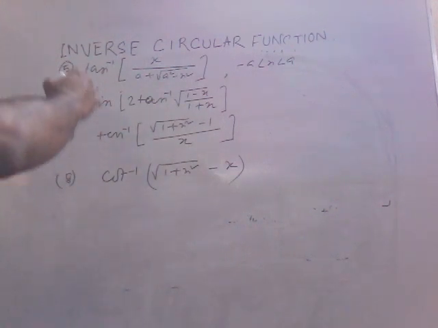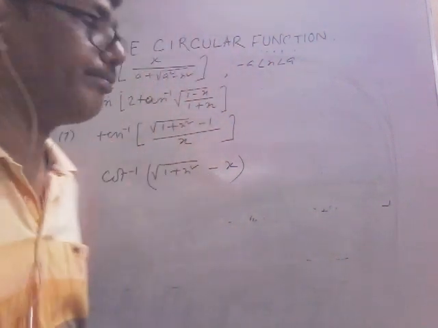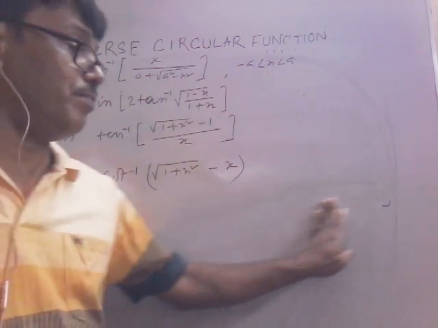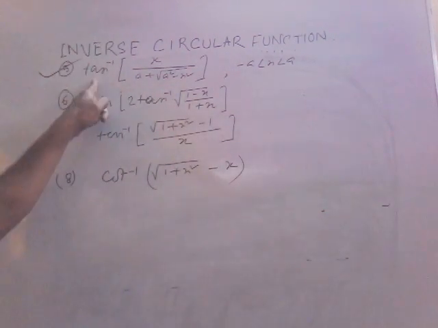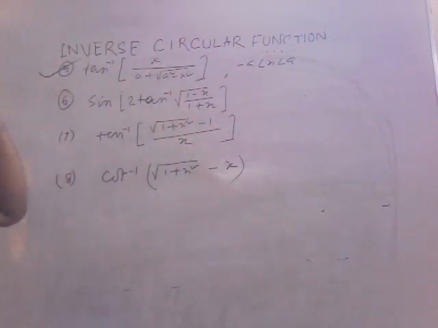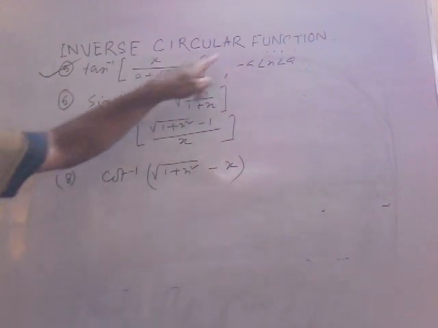So look, problem number 5. This is a very simple problem. Our main aim is to express it in its simplest form, because in case of differentiation, if you differentiate this argument it is very difficult, you have to use the quotient rule.